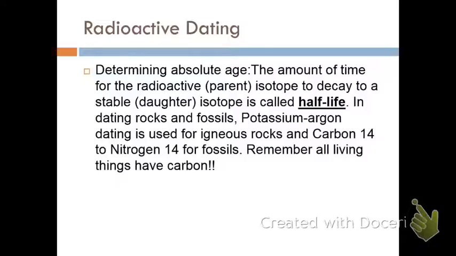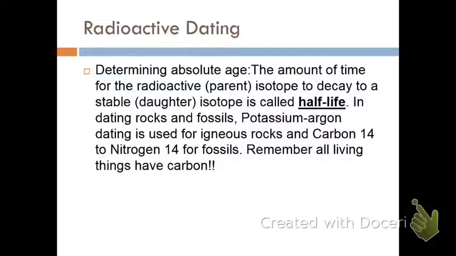And then when another 2,000 years passes, that 25 grams that's still radioactive is going to be approximately 12.5 grams radioactive and 12.5 grams that's stable. So it's going to keep decaying by half, and that's what we call half-life.